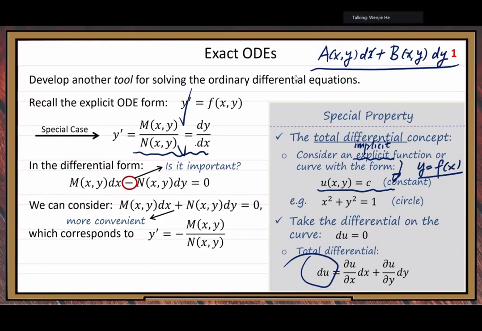Now, our goal is to make this differential form a total differential. That means we need to find some u, which is unknown here, such that partial u over partial x times dx plus partial u over partial y times dy equals that.